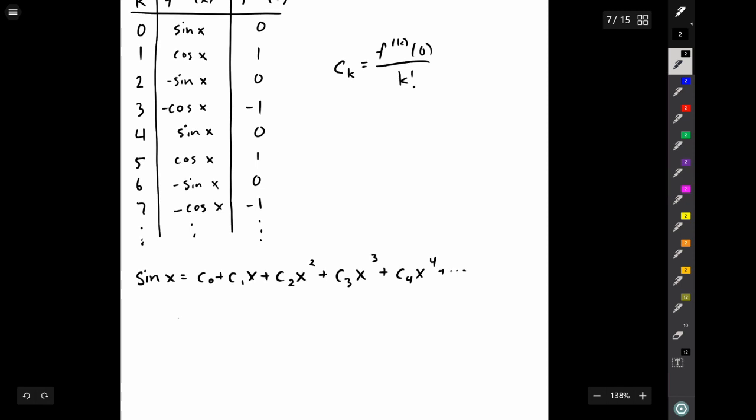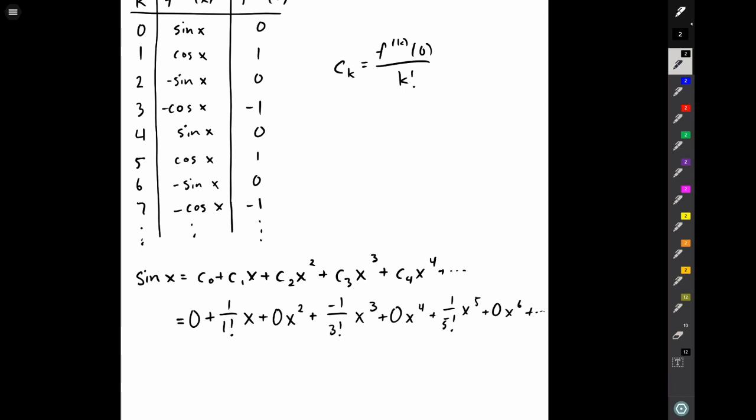Knowing what we know, we're going to get 0 plus c1 is just going to be 1 over 1 factorial x, and then plus c2 is 0, so plus 0x squared, then plus negative 1 over 3 factorial x cubed, plus 0x to the fourth, plus 1 over 5 factorial x to the fifth, plus 0x to the sixth, and so on.